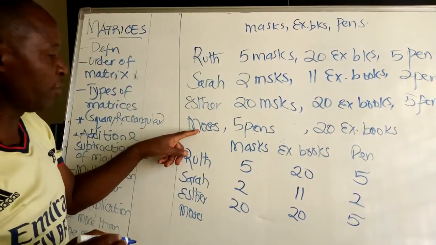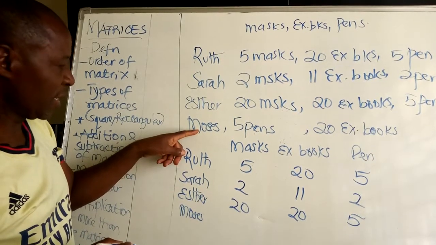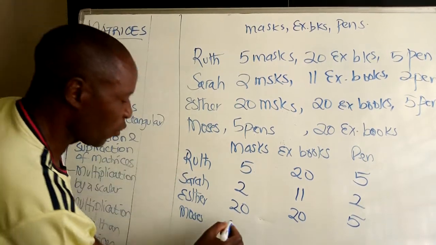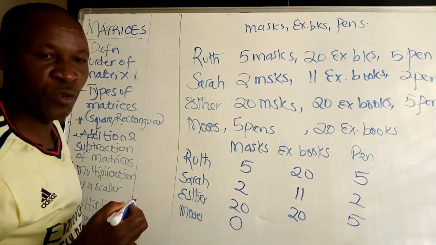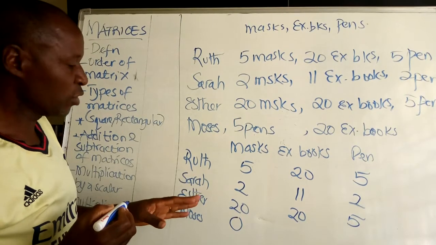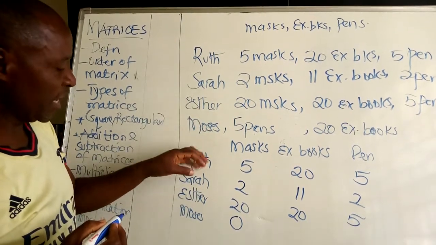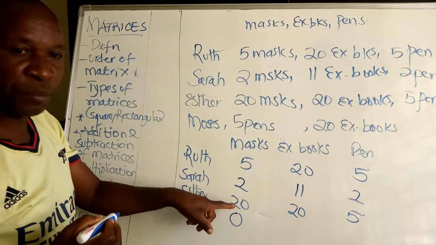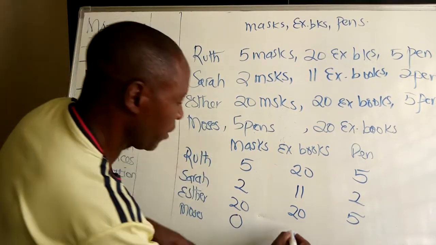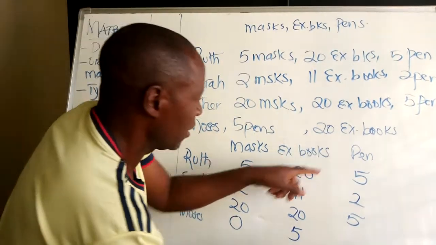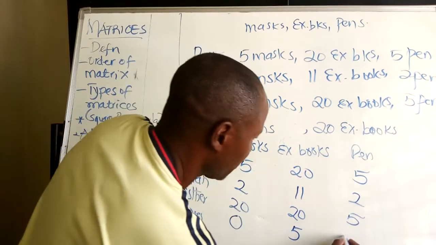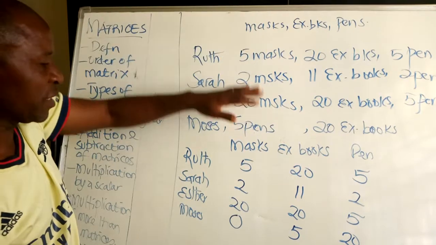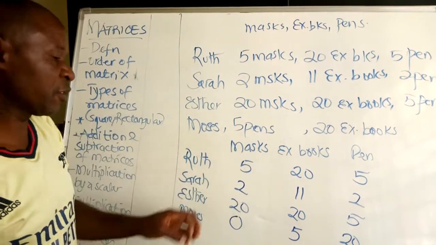Moses does not have masks. Absence of anything means we write 0. We don't leave the space vacant, but we represent it with a 0. Then 5 pens and 20 exercise books. Now, this information which was in words has been summarized in this form.